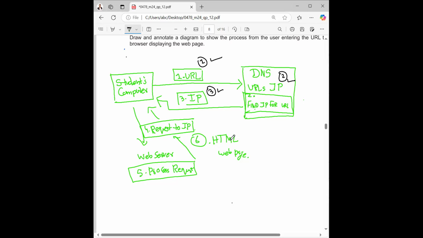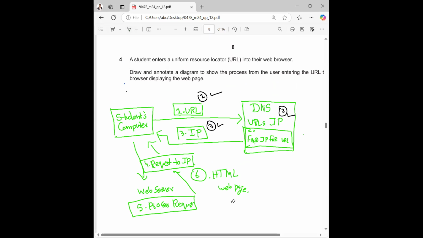Do you have any confusion with this part? Sir, can you explain the fourth point again? The fourth point is the request to the IP address. First of all, the student computer is going to write a URL. It is going to go to the DNS.